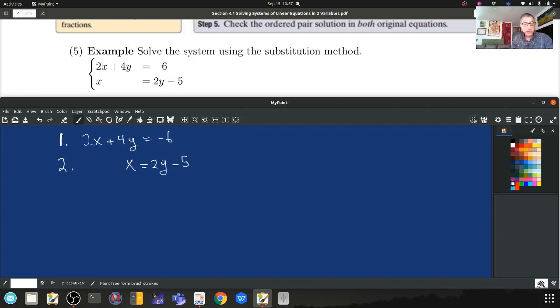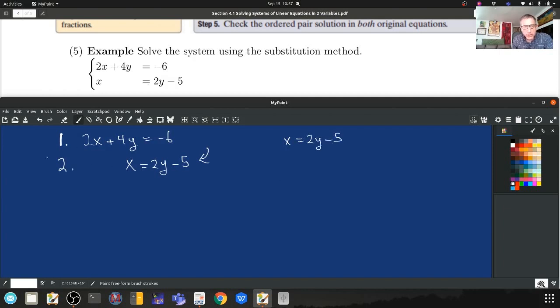The first step is to solve for a single variable. Well, equation 2 is already solved for a single variable, so I'm just going to use number 2. I have x is equal to 2y minus 5.